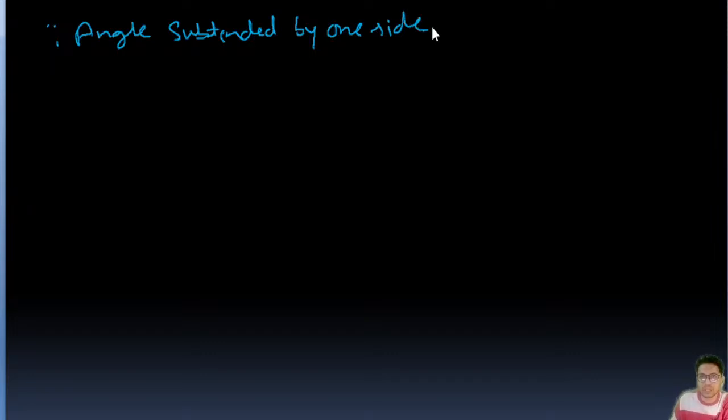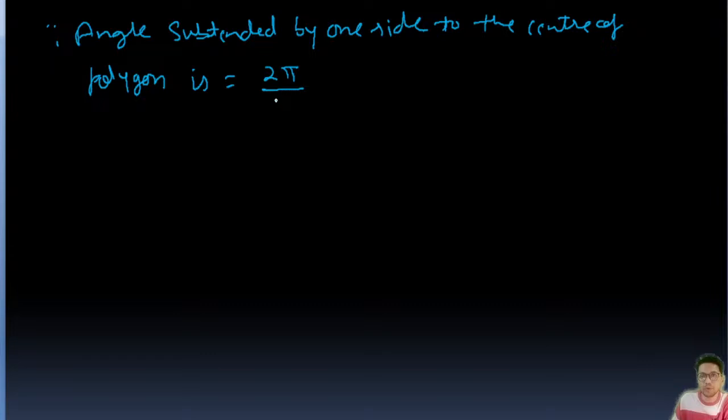We know the angle subtended by one side to the center of the polygon, because total angle is 360, is going to be 2 pi upon n.